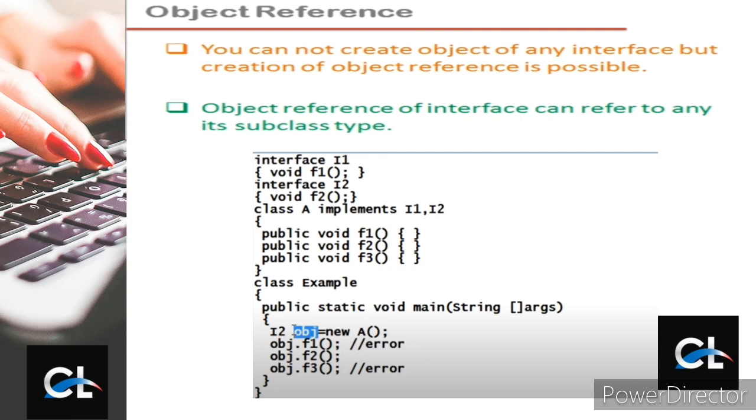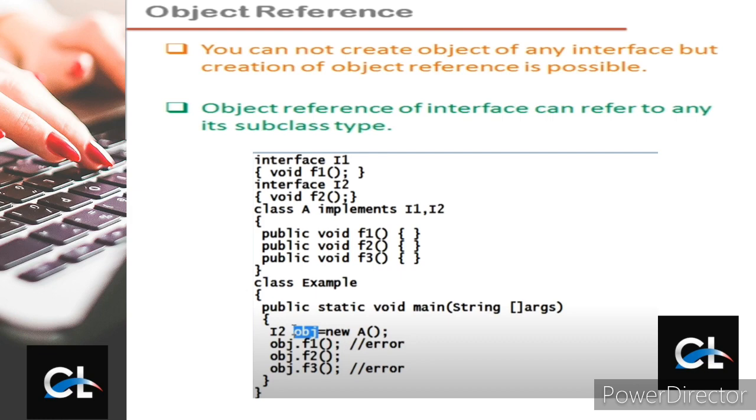That means A is a class, I2 is the interface, obj is an object, and new is a keyword by which we allocate memory. So we are not creating an object of the interface here. obj is a reference variable, and what is the data type? The data type is I2.